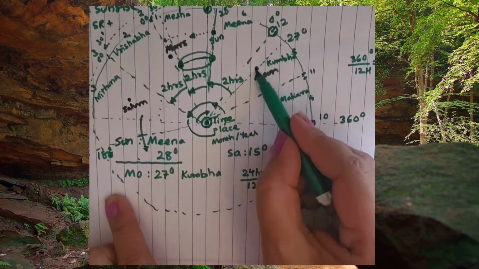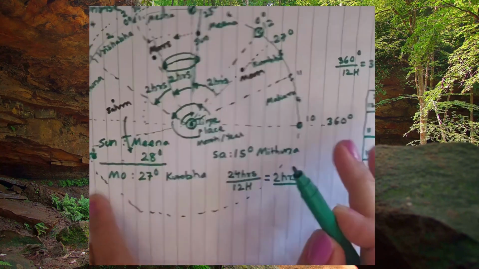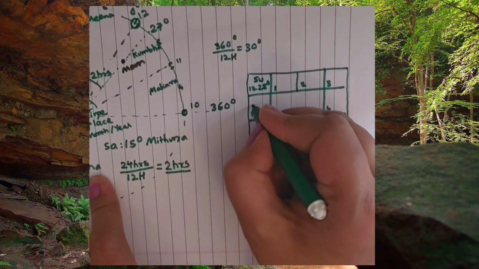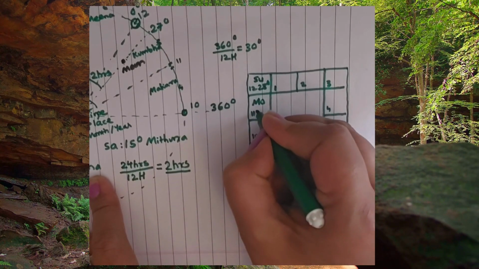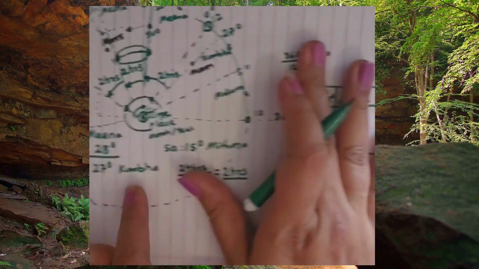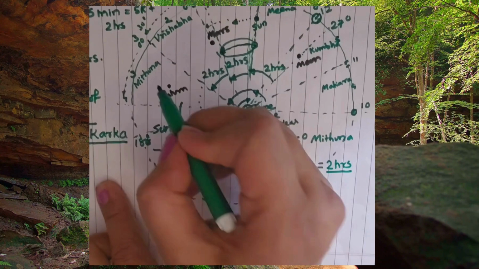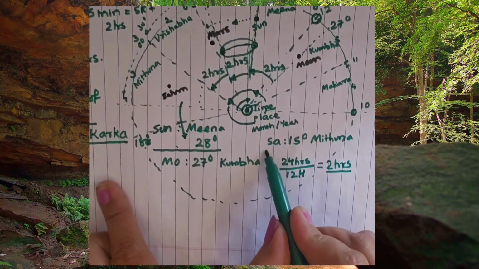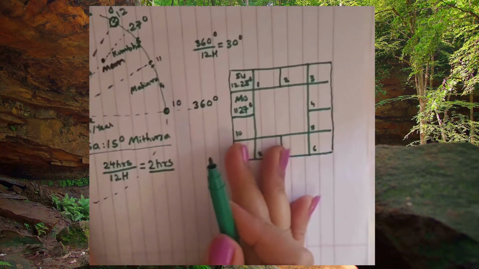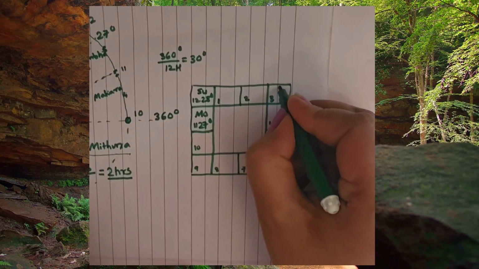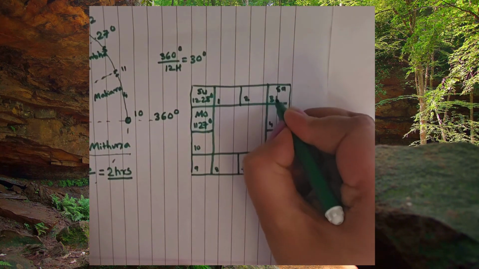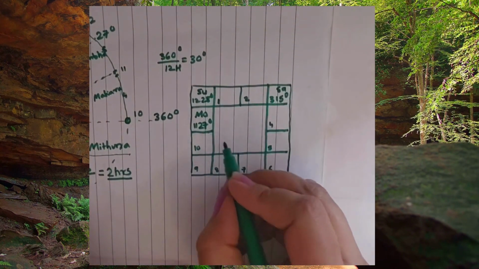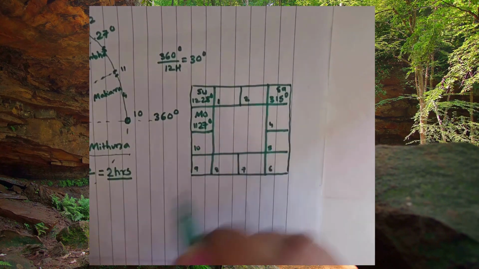Here Moon is 27 degree Kumbha Rashi. So Moon will be here, 27 degree. Saturn is, we said, 15 degree Mithuna Rashi. So Saturn will be here. Like this, maybe some other planets are placed somewhere.